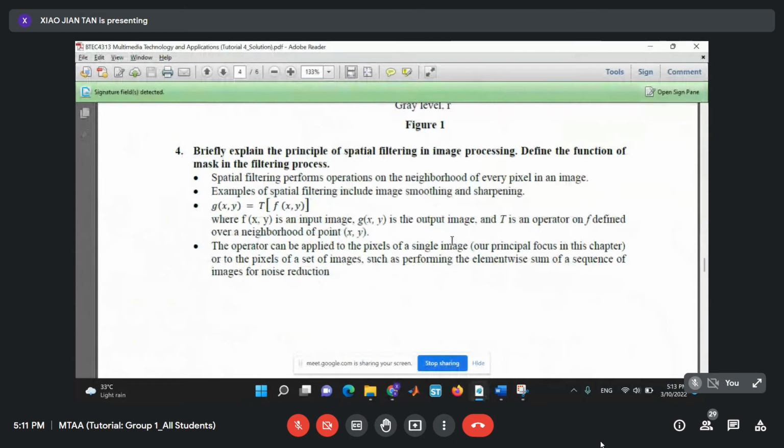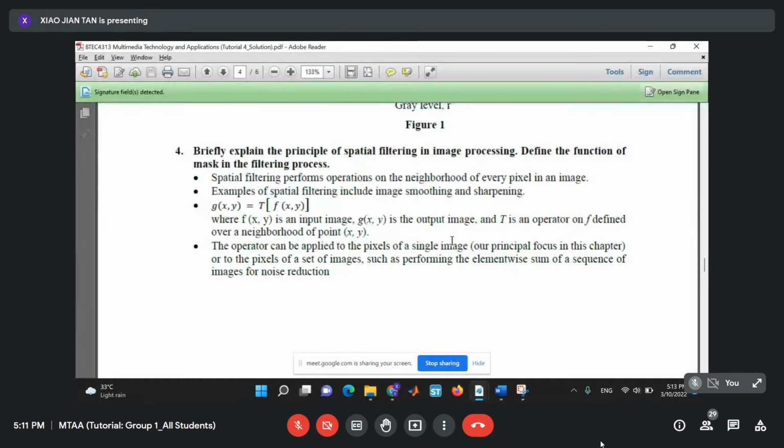So spatial filtering performs operations on the neighborhood of every pixel in an image. Basically, spatial filtering is a sort of local operation, whereby it considers not only the current pixel but the neighborhood pixels as well. The neighborhood pixel is an important keyword.